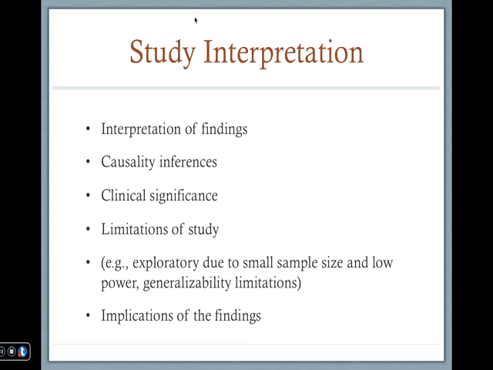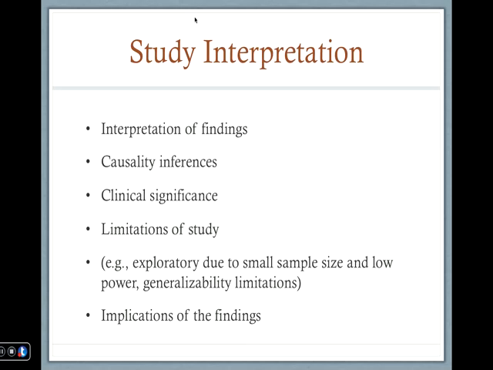When we interpret findings from a study, we're going to be looking at causal inferences if it's a true experimental design. Did X cause Y? Sometimes, and I would like for you to have these concepts well understood, because I can promise you it will pop up on quiz number 3.